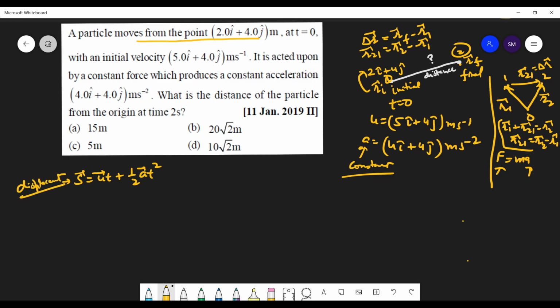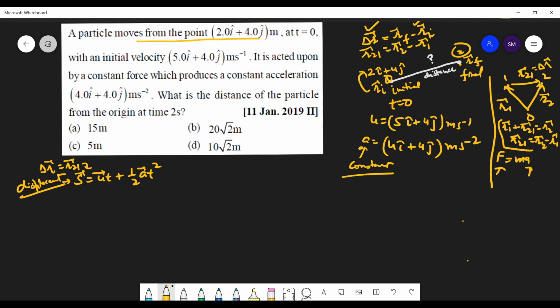So what you get from here is actually delta R. So this S is nothing but your delta R, or you can say it R21. That's the same thing. So that's your S. So you will get R21. You know the value of R initial vector, and you can find the final vector, right?